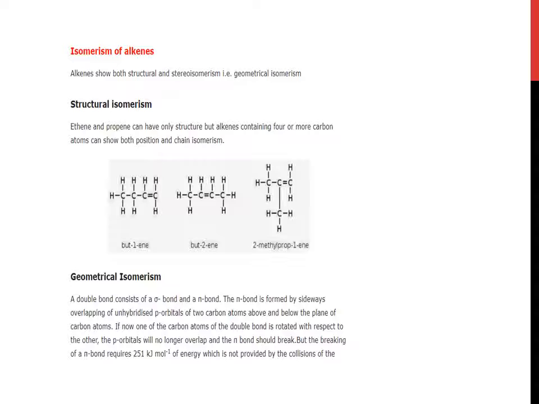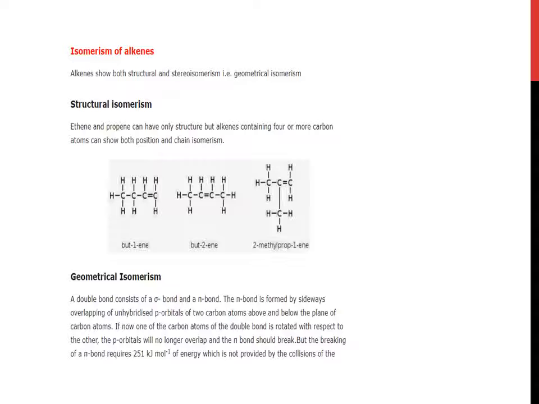Here are 3 examples on the screen. First is but-1-ene, and there is a double bond at the first position, that is between carbon atom 1 and 2. But-2-ene, here the double bond is in the midway of 4 carbon atoms. In fact, it is carbon number 2. Similarly, if one of the methyl groups is adjusted as a side chain, then it will become 2-methylprop-1-ene.